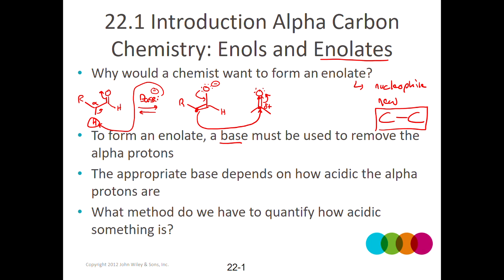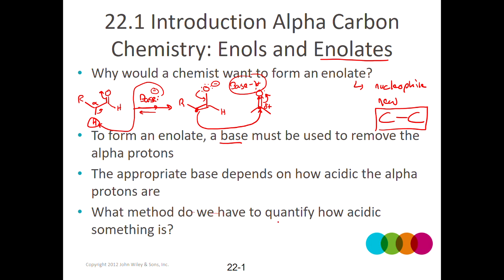Sometimes you might want the base to react with every unit of the carbonyl to make every one of those units into an enolate. So maybe you want to be 100% product favored. You'd need a strong base, and when it picks up that proton, its conjugate acid is relatively stable compared to the acidity of the alpha proton.